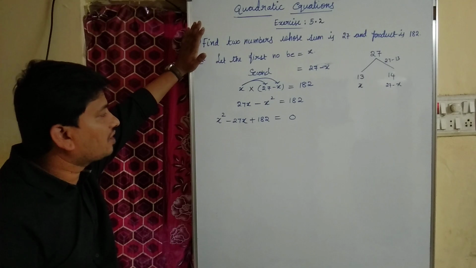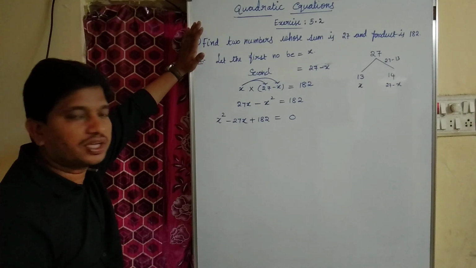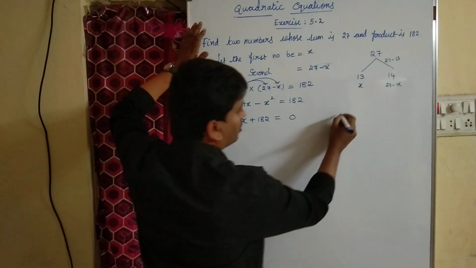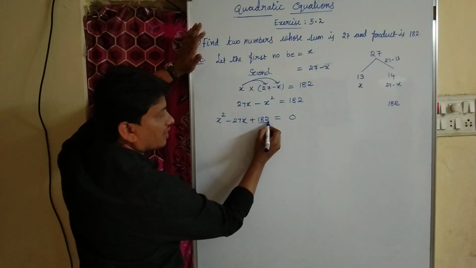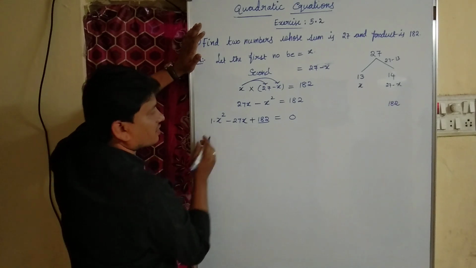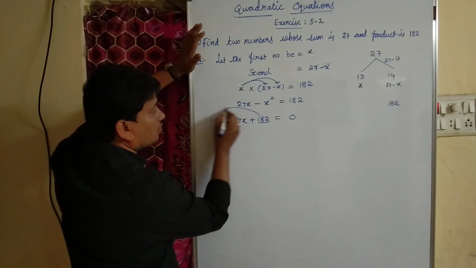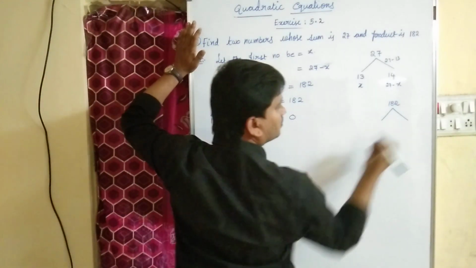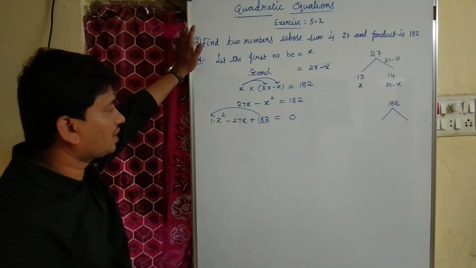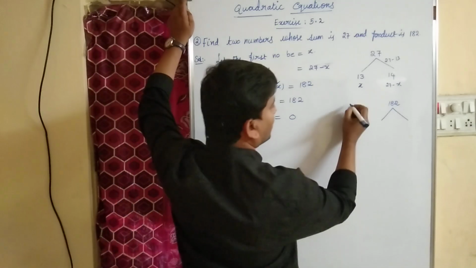Now let us find the factors of the given quadratic equation by using factorization. The constant is 182 and the coefficient of x square is 1, so 182 into 1 is 182. What are the factors of 182? Let us find.